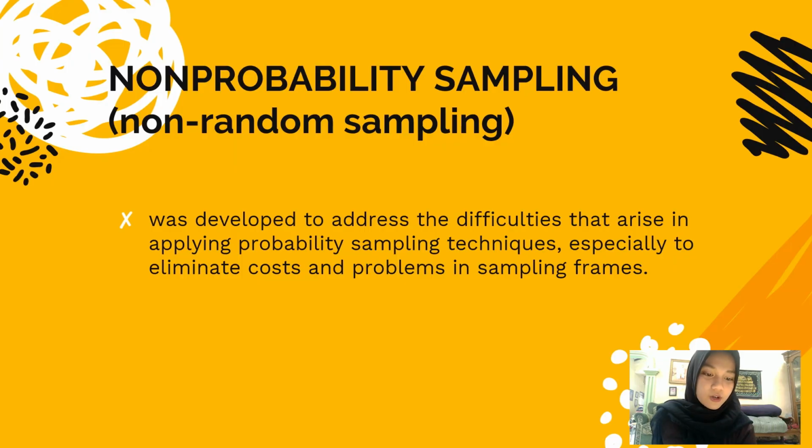And the next slide is non-probability sampling, non-random sampling, which was developed to address the difficulties that arise in applying probability sampling techniques, especially to eliminate cost and problems in sampling frames.